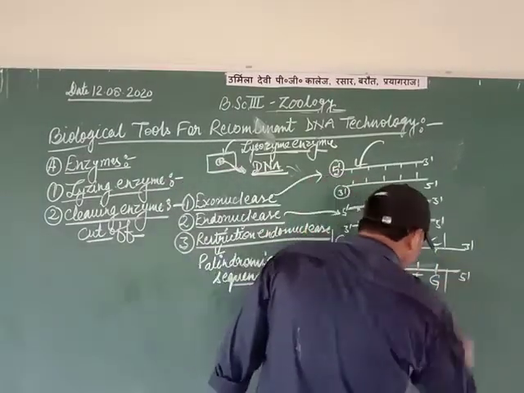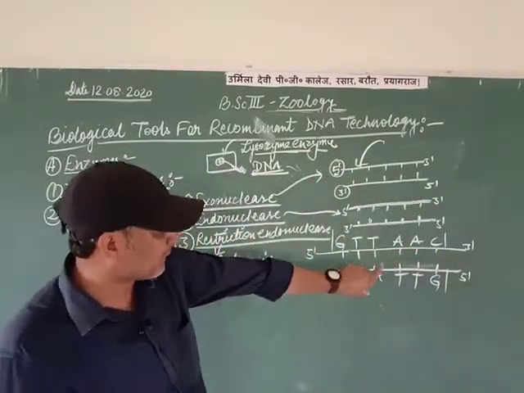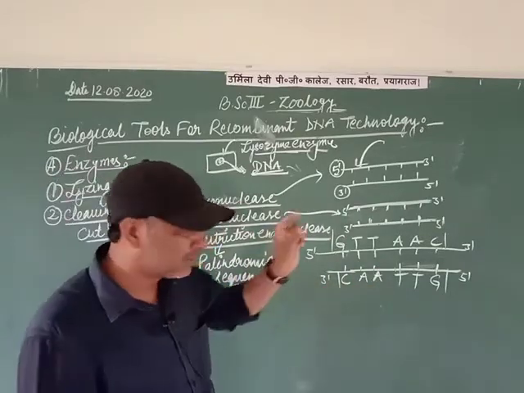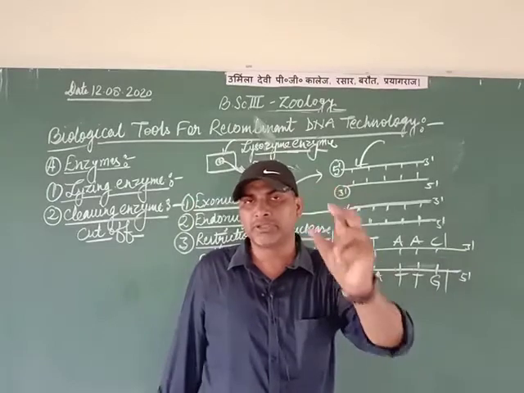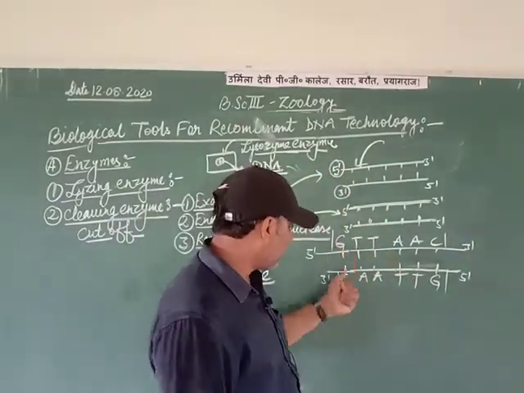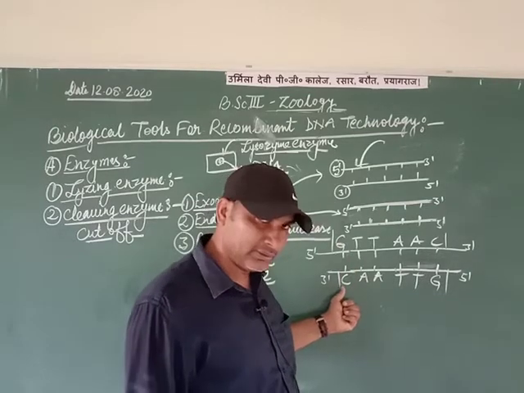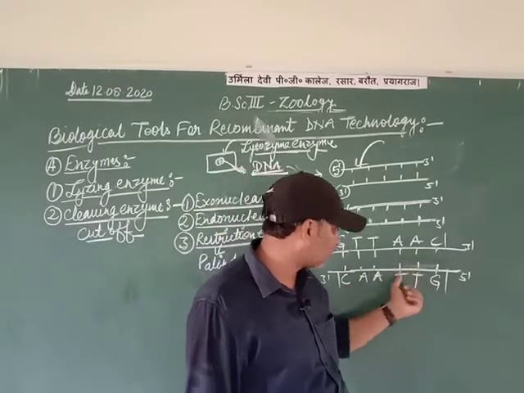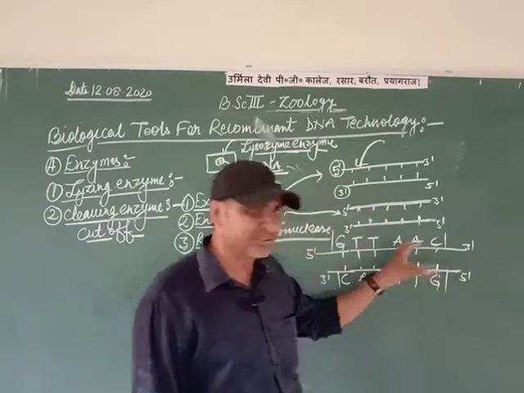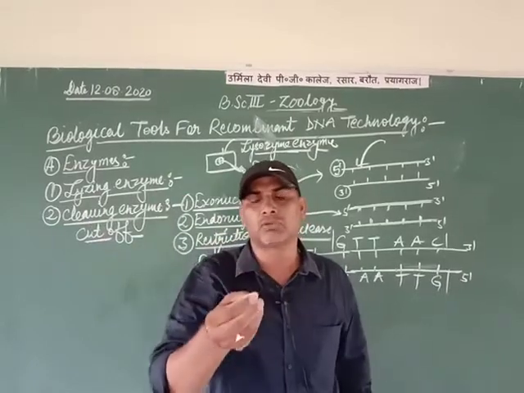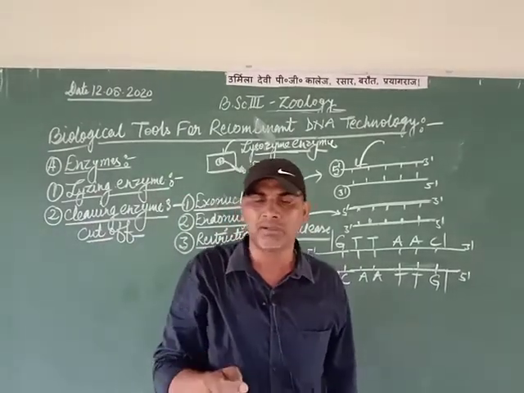6 nitrogenous base sequence which are found, that is called the palindromic sequence, which means that the opposite nitrogenous bases are always joined together. G joined to C, T joined to A. This is the nitrogen, a purine and a pyrimidine. And you know very well that one purine is always joined to one pyrimidine.